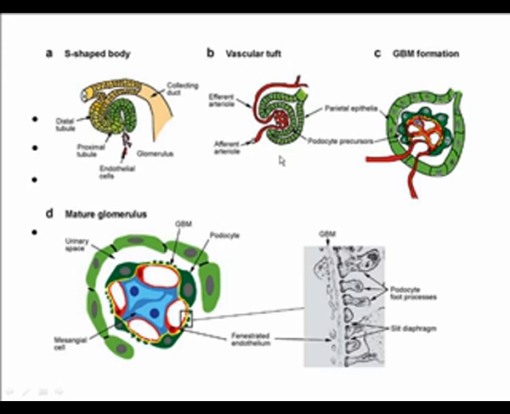As we look at this, we can recall the complex structure of the nephron with Bowman's capsule forming, with podocytes, and then the proximal convoluted tubule, the Henle's loop, distal convoluted tubule, all being derived from this metanephrogenic mesenchyme.